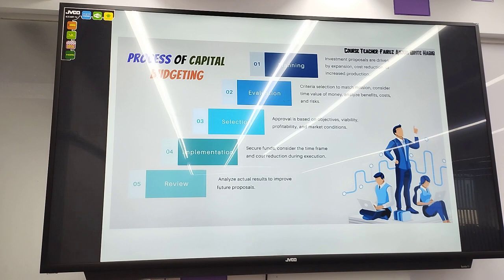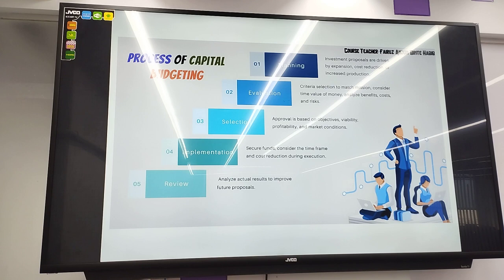You have to calculate the time value of money, like is it actually worthy or not, analyze the benefits, cost and risk. Like you can do a SWOT analysis, you can do the risk analysis, so you can have a clear idea about your product line. So when you are showing it to your management, you can show the proper guideline or proper process that you are doing this and this will be worthy or not.